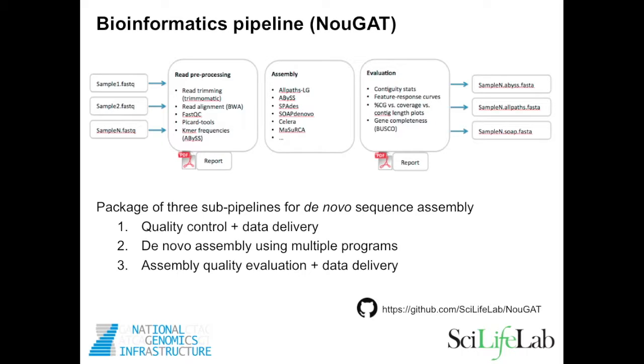This is run by our production bioinformaticians on every project, and it does read trimming to trim low quality reads and adapter read-through. It runs FastQC and also plots the k-mer frequencies. I wish I had more time to talk about that. It's an interesting topic in itself.